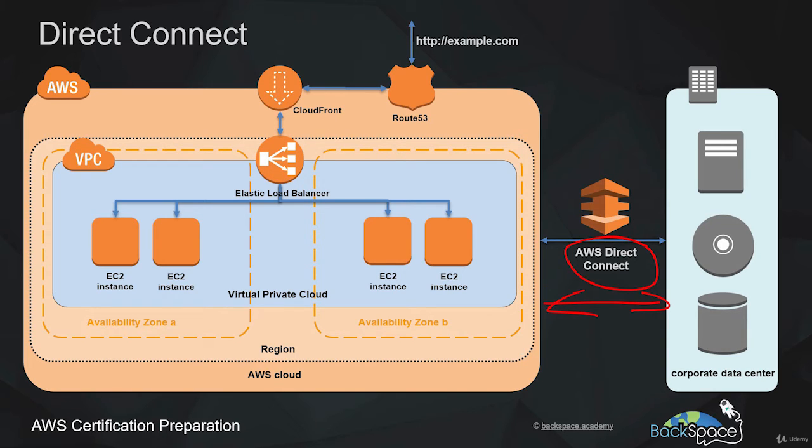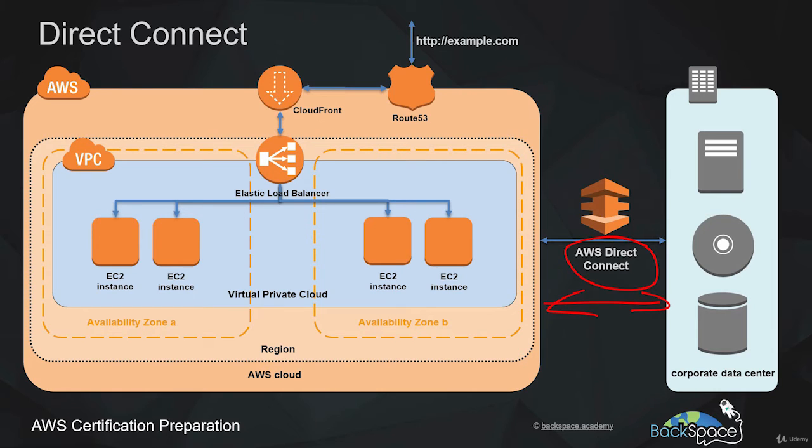You'll need to know that Route 53 will forward requests for your domain name to a back-end endpoint. CloudFront will distribute your content to hundreds of edge locations across the globe. Elastic Load Balancer will receive requests and distribute those requests to multiple instances across multiple availability zones.